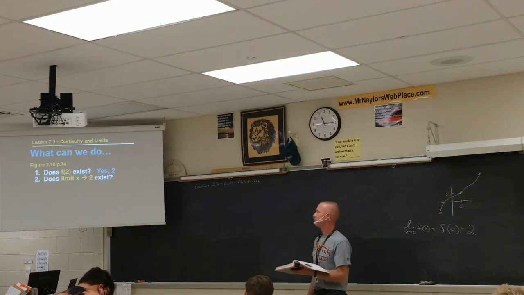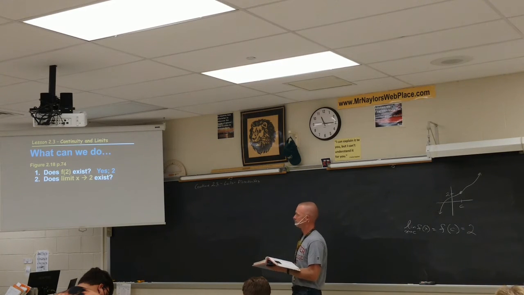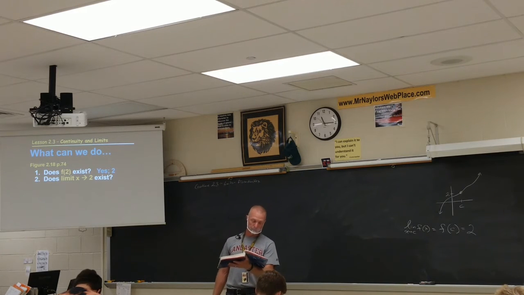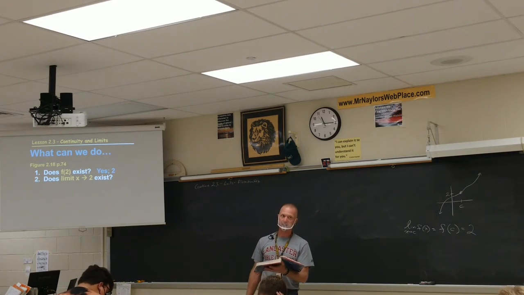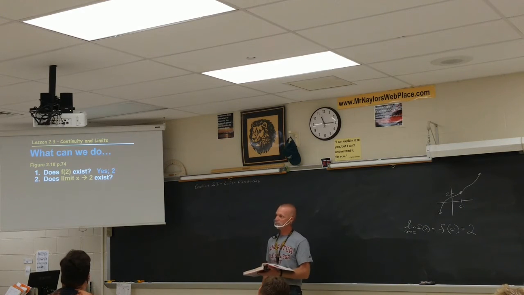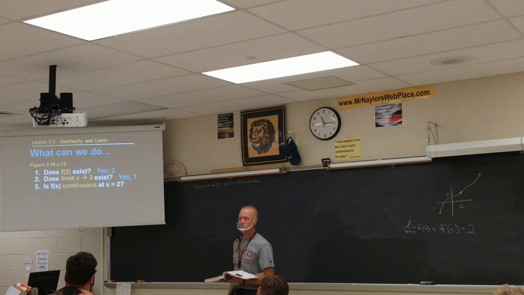How about the limit? How about the limit as x approaches 2? Now, are you looking at the little hole in the graph? Okay, that would be the limit as x approaches 2. So that intended height would be 1.